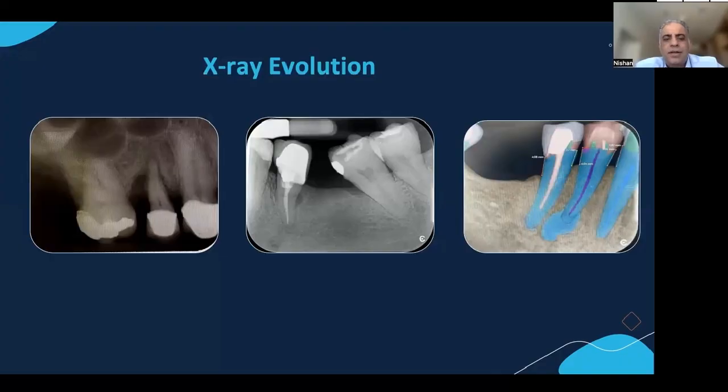Next, the evolution went further and digital X-rays came about. And we actually bought a digital scanner, we went digital in 2012/2013. And that changed, obviously, the quality of the X-rays, the consistency of the X-rays.